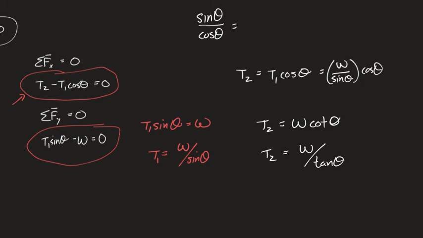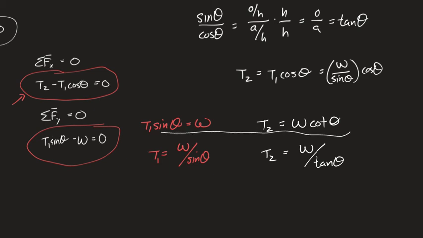So remember, sine is opposite over hypotenuse, and cosine is adjacent over hypotenuse. So if I multiply this by hypotenuse over hypotenuse, I get opposite over adjacent, which is tangent. That's why sine over cosine is tangent.